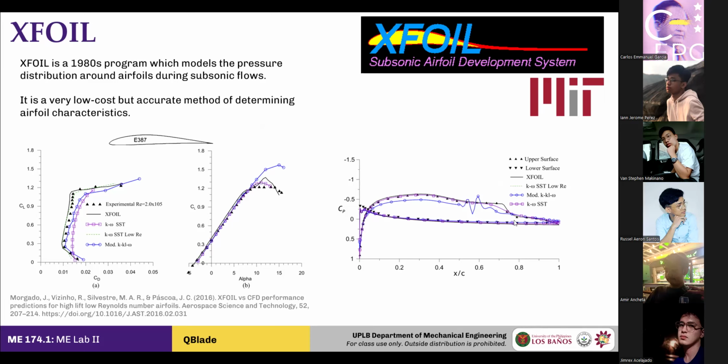So kaya siya maganda when evaluating the pressure distribution along the airfoil. Even though medyo may pagka-off ng konti yung lift drag characteristics niya, under the pressure comparison, maganda, high fidelity si X-foil.